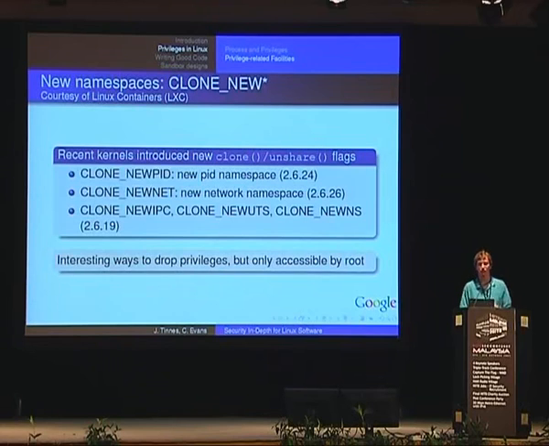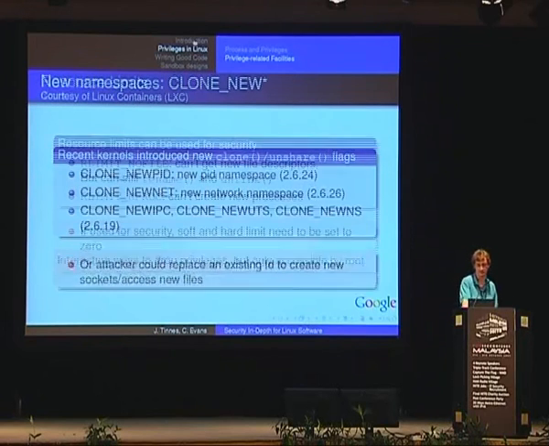And so we'll see how to use them. In recent kernels, you have CLONE_NEWPID, for instance, which allows you to get a new PID namespace for your process. Also, another interesting one is CLONE_NEWNET, which allows you to get a new network namespace. And we'll see how we can use that to drop privileges. However, those are also only accessible by root.